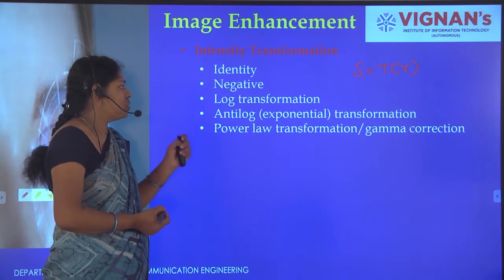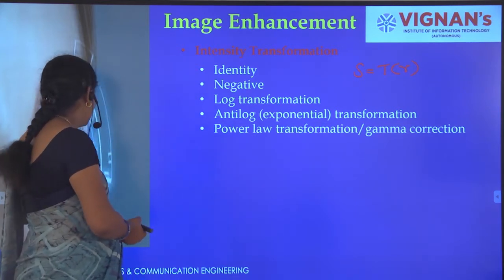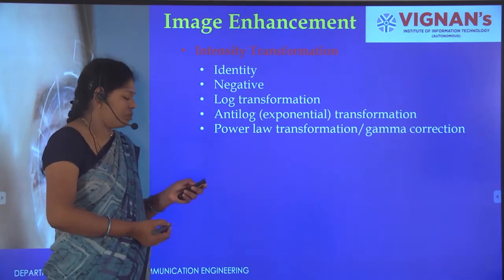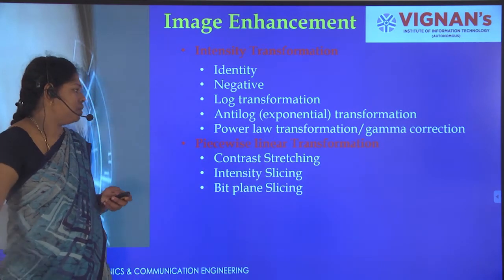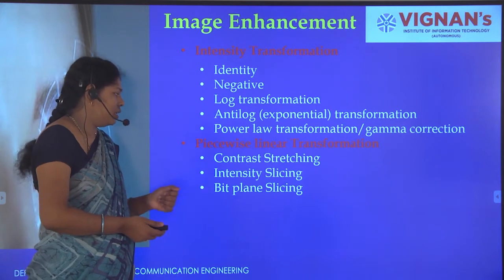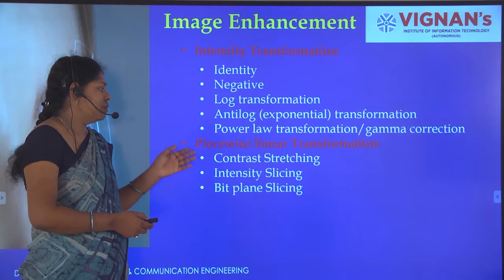Next, coming to the log transformation and anti-log transformation. Next, power law transformations or gamma corrections. We saw that in the last topic. Next, in terms of piecewise linear transformation, contrast stretching, intensity slicing and bit plane slicing. These are the methods in terms of piecewise.